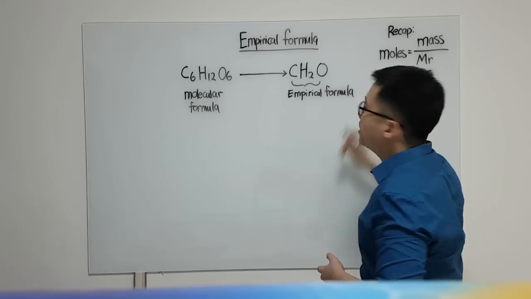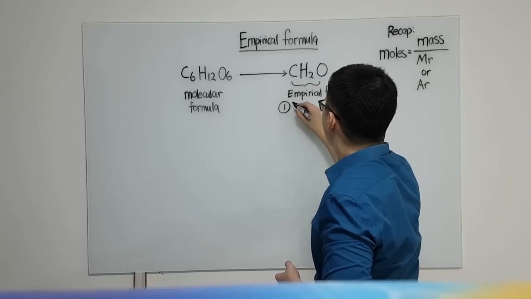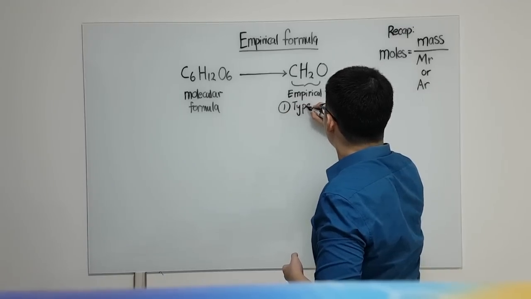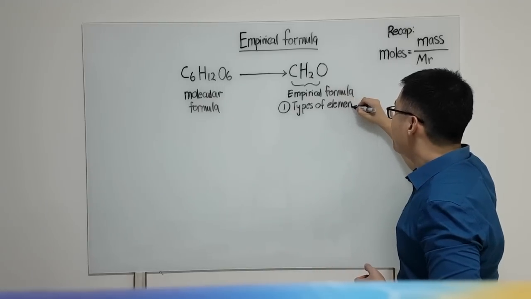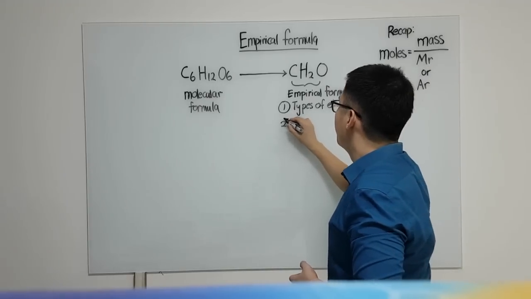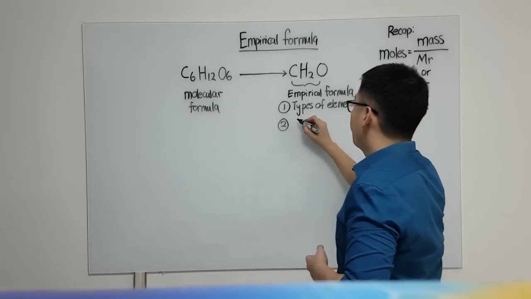And it shows us two things. Number one, it gives us the types of elements that are present. And number two, it tells us the ratio in which they are present.